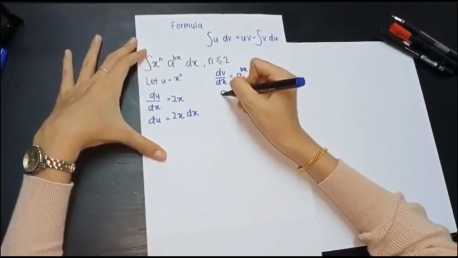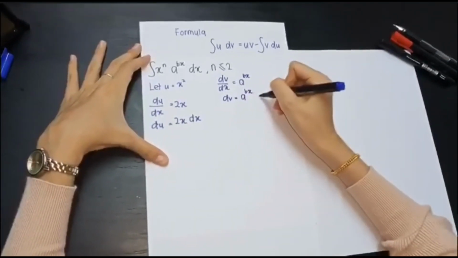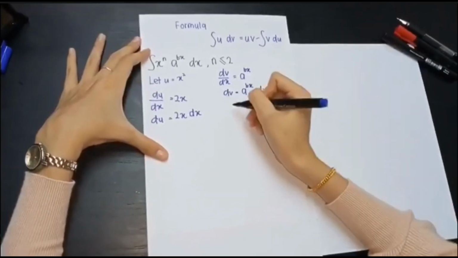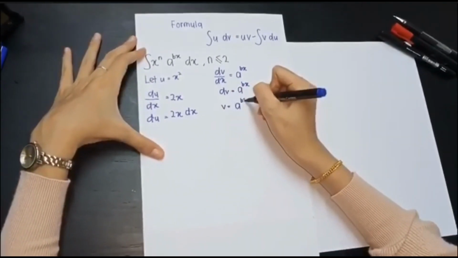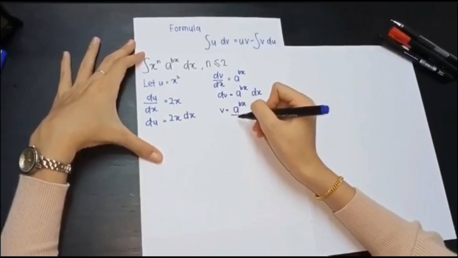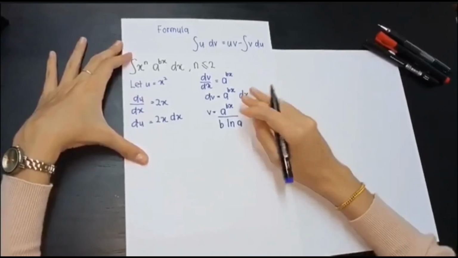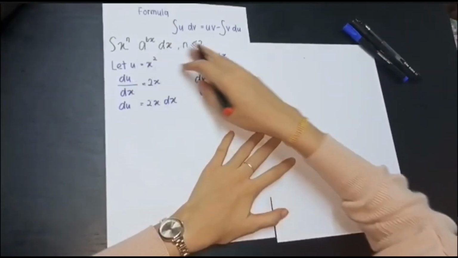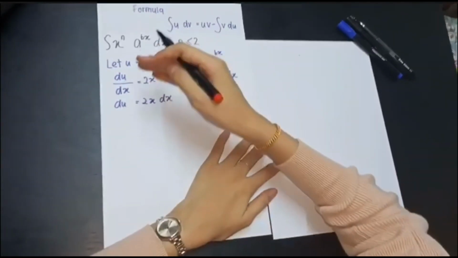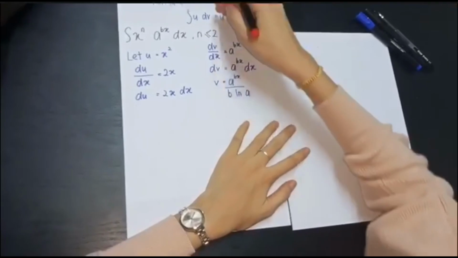So our dv is a to the power of bx dx. And our v is a to the power of bx divided by b ln a. We use the integral exponential function. So we have all of this. We have our u, our du, our dv, and our v. So we're going to substitute all of these inside the formula.